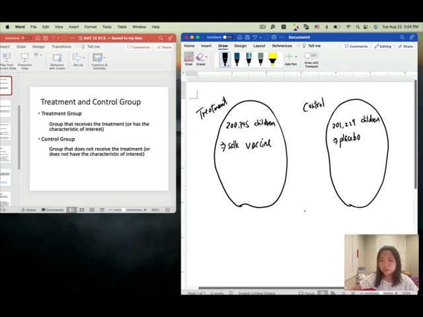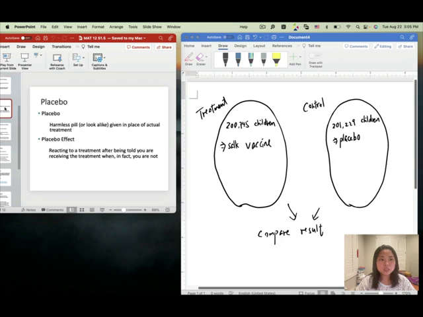And then at the end, after some days or months, they will compare the result. So here, this is the treatment group and this is the control group.